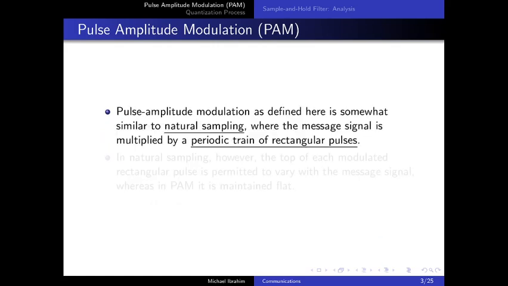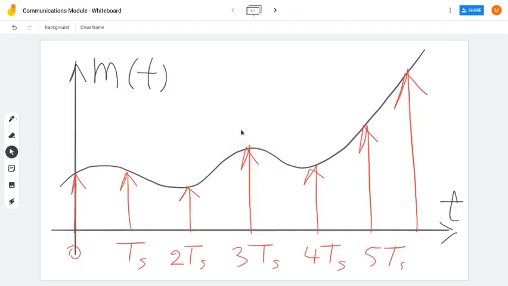This definition of pulse amplitude modulation is similar to what's called natural sampling. So, what is natural sampling? In order to understand it, let's first talk about instantaneous sampling.